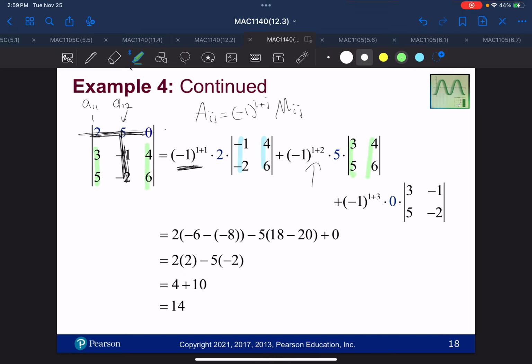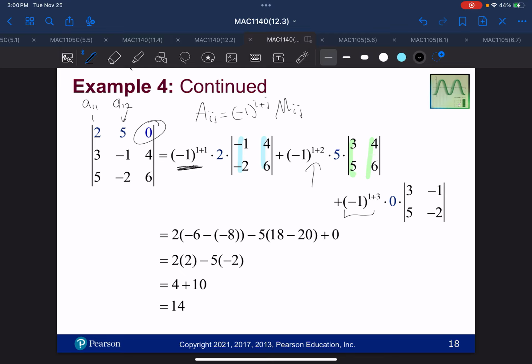And then finally, we move on to the last entry on that row, which is 0. So all of this would just be 0, but this cofactor would be -1 raised to the 1 plus 3 power, because that's in the first row, third column. That will make it a +1, because that'll be an even power.